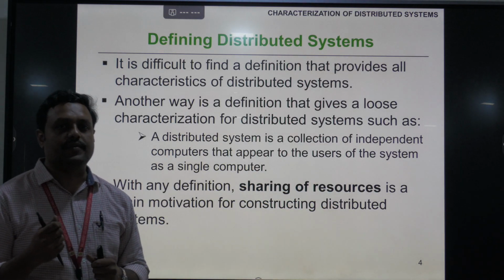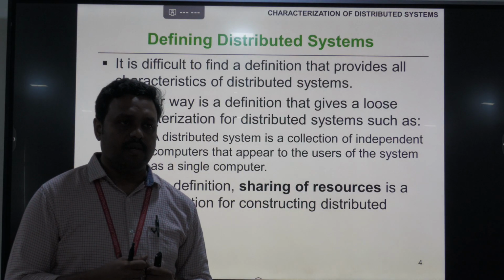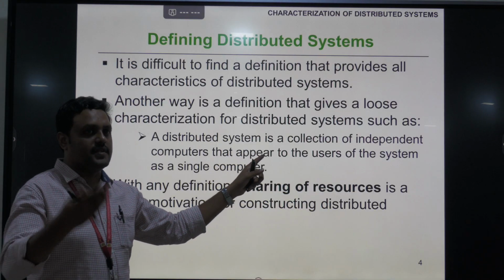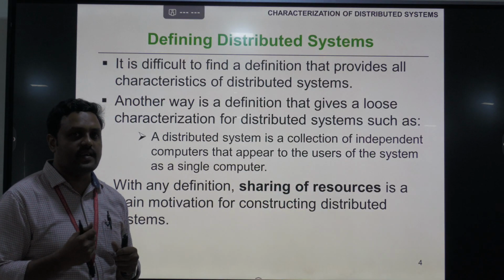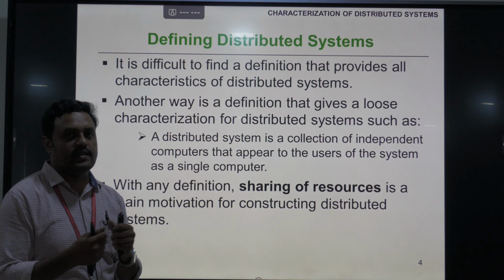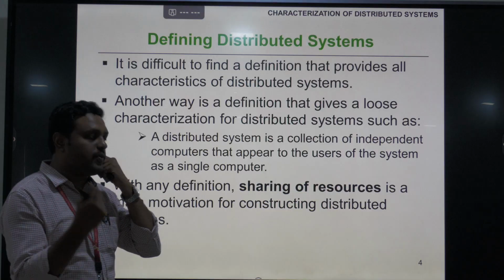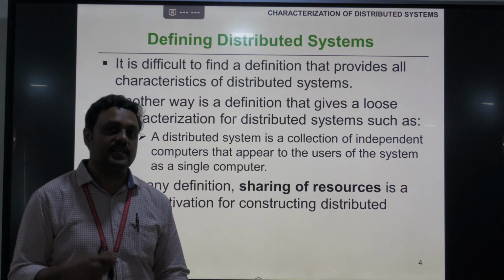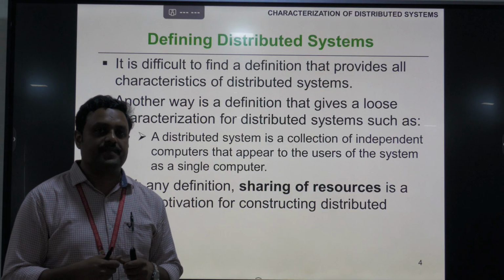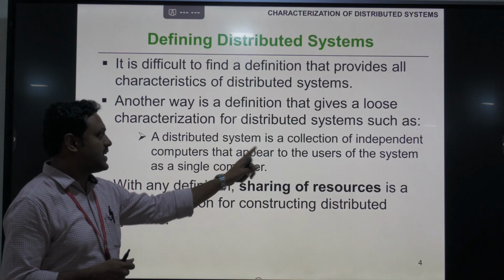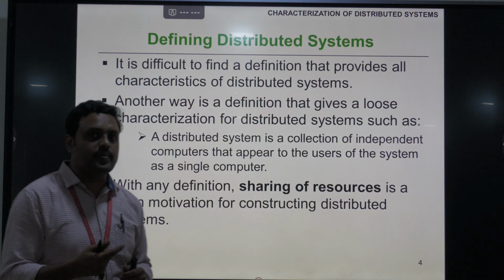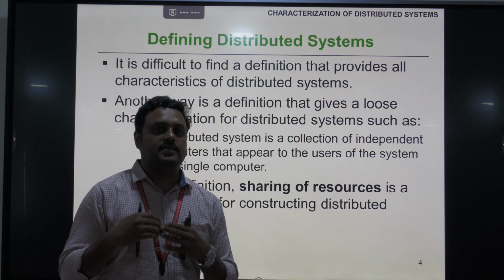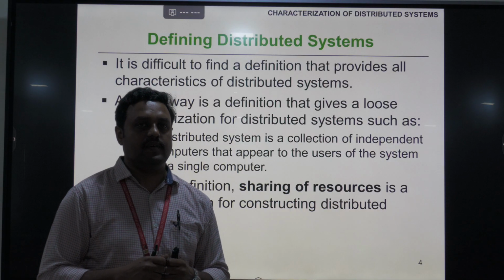The characteristic here is that a distributed system has a number of systems that are independent in nature, meaning they do not depend upon one another, and they are connected to the network, and to the end user it is treated as a single computer. As an end user, he will see the distributed network as a single system.